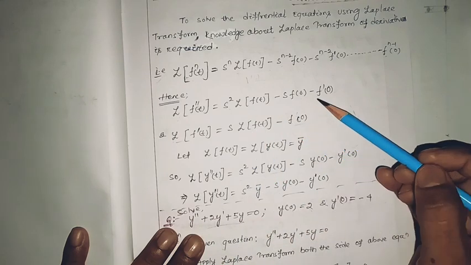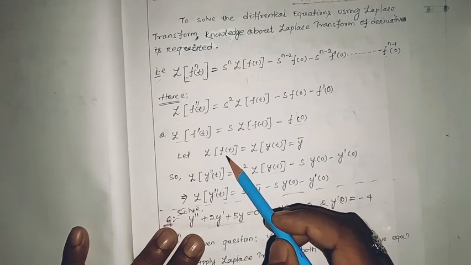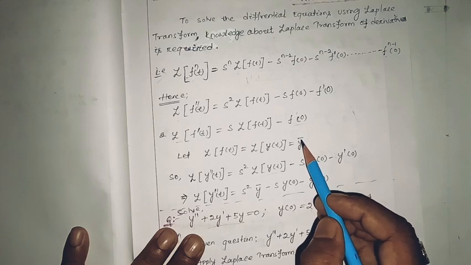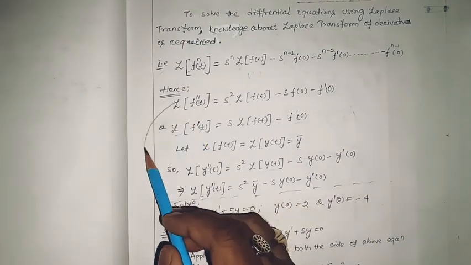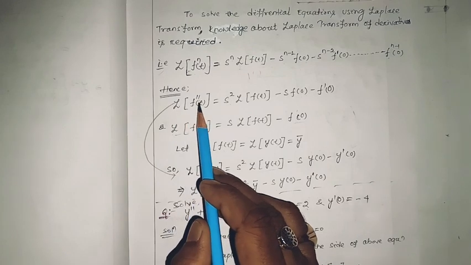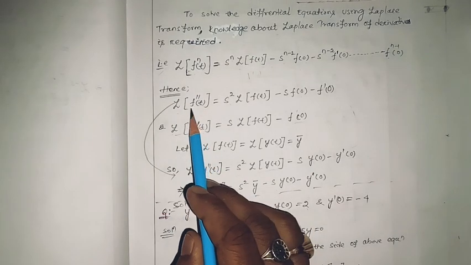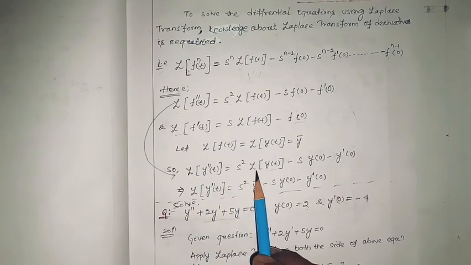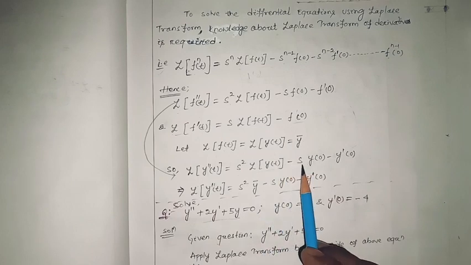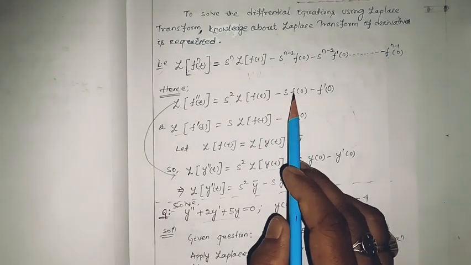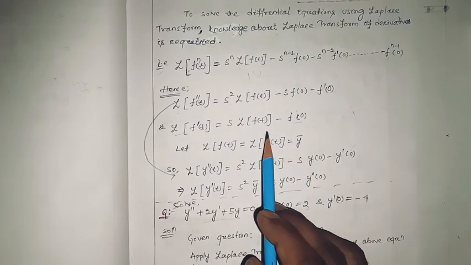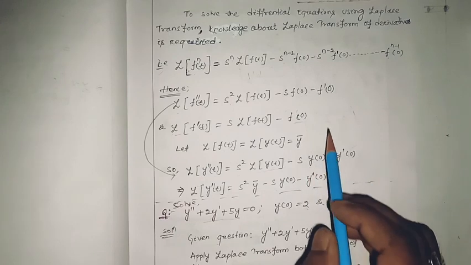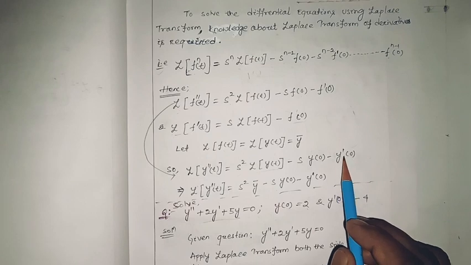Now if we consider the Laplace transform of f(t), or the Laplace transform of y(t), equal to y bar, then instead of the Laplace transform of f double dash t, the Laplace transform of y double dash t will be equal to s square times the Laplace transform of y(t), minus s y(0), instead of f, and minus y dash 0.